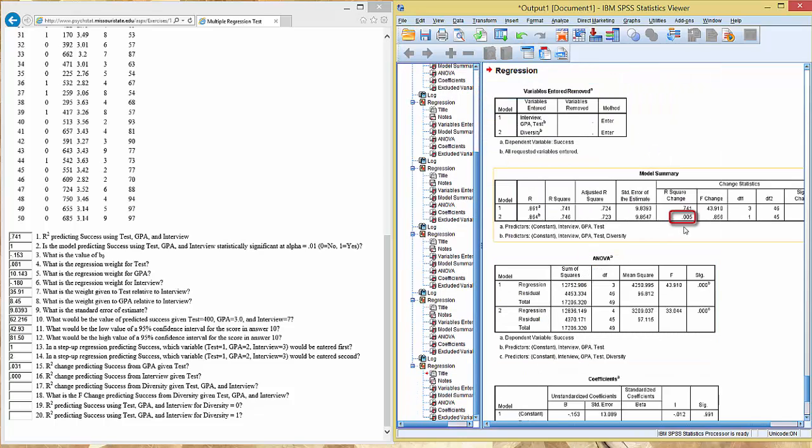And we find R squared change 0.005. F change .856.